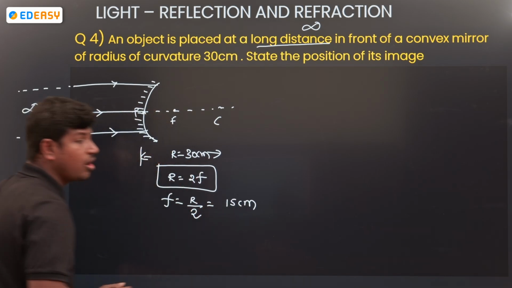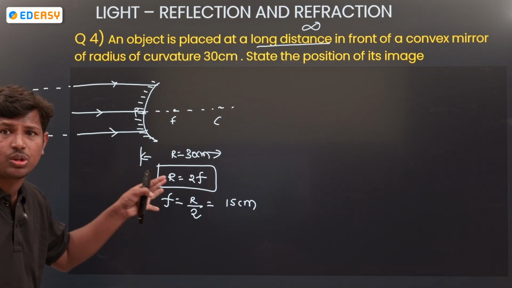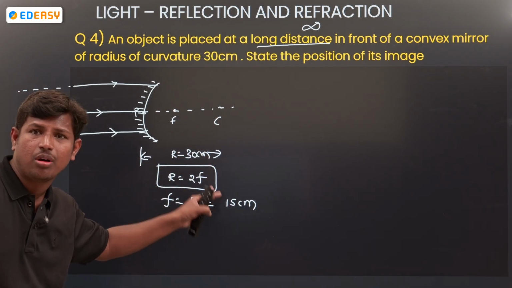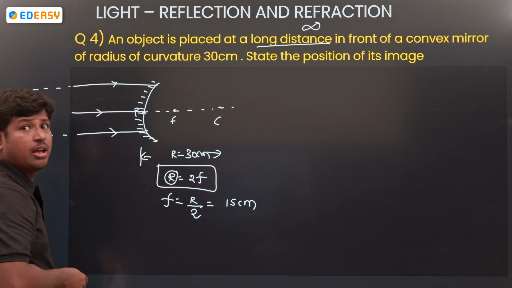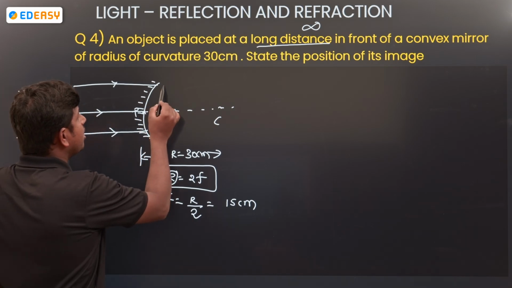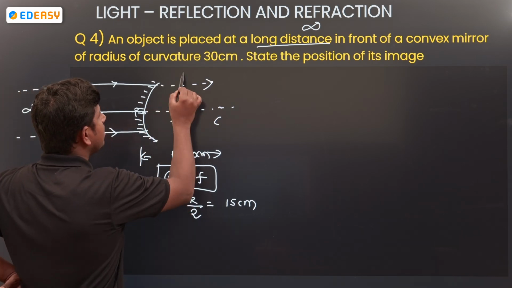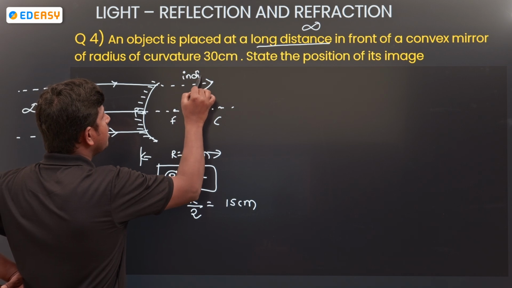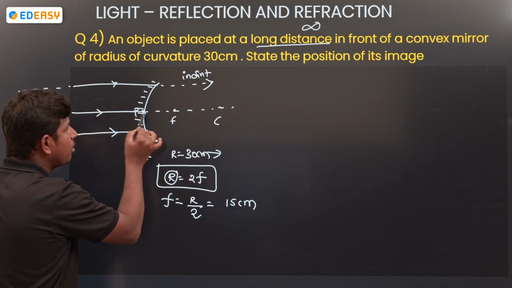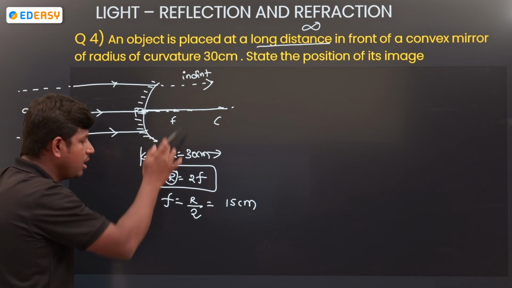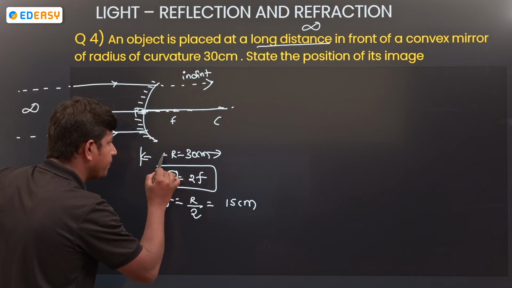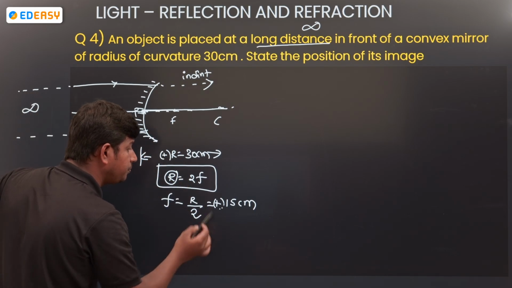Now take the sign convention. Is R positive or negative, is f positive or negative? Positive only, because the incident ray direction is pole to F, pole to C, along the direction of the incident ray. So R is positive and f is also positive.